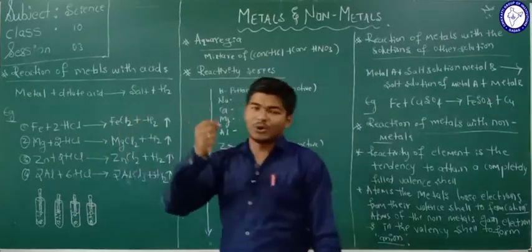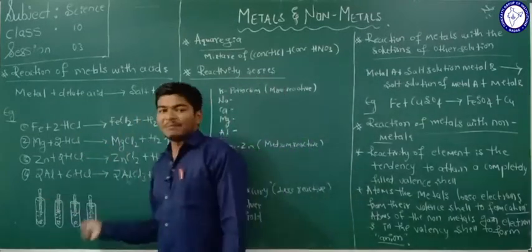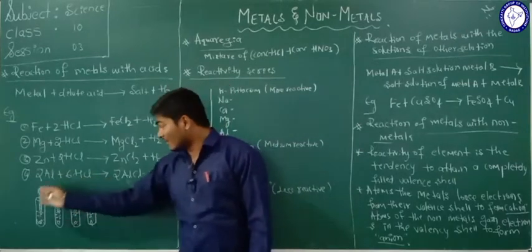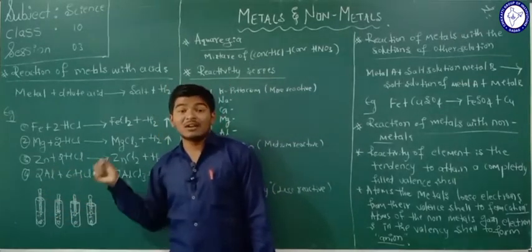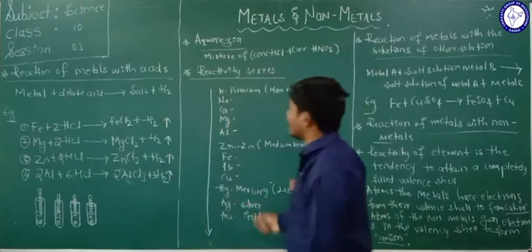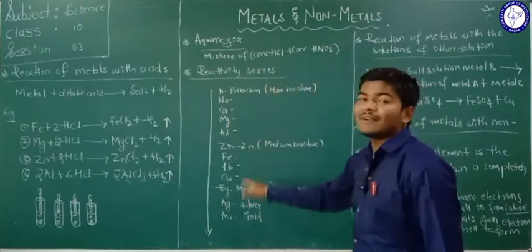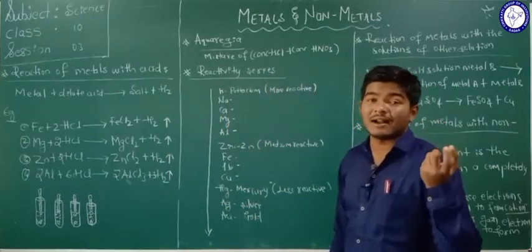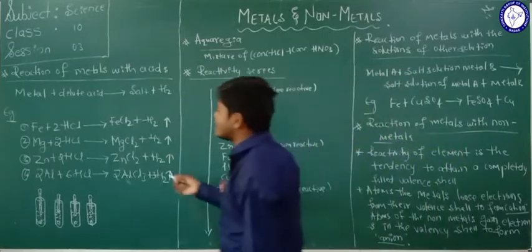You have to note down the temperature for all the metals here. Based on this temperature, we are going to write down the reactivity series, how the metals react. So first I am taking one example here.